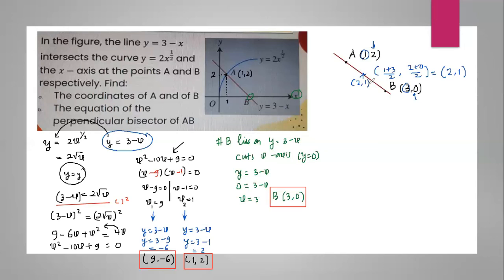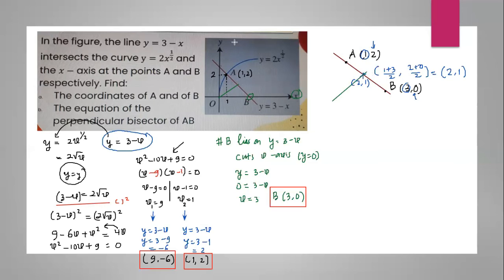Okay. Now the bisector to AB is perpendicular, so I think you have to draw the perpendicular this one. Is it, everyone? Yes, sir. So what are we going to do first?